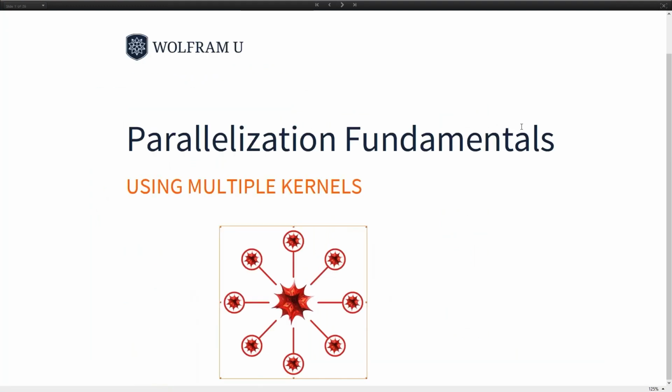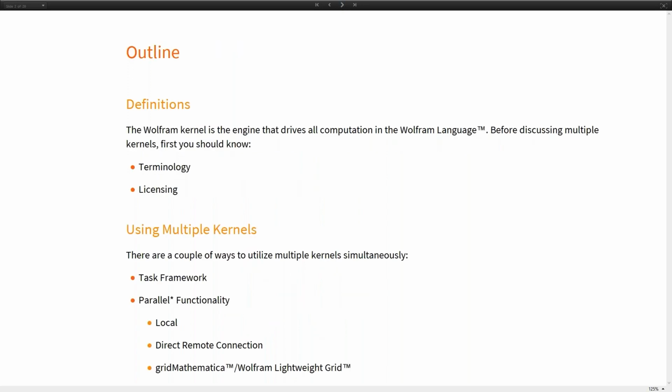So now that we've covered how to speed up a single kernel calculation, we're going to talk about using multiple Wolfram Language kernels, and we'll get to talk about some of these fundamental concepts. The Wolfram kernel, used behind the scenes if you use this notebook interface, is really the engine that drives all the computation. I need to define a couple of terms so we know how that kernel works, at least on an abstract level.